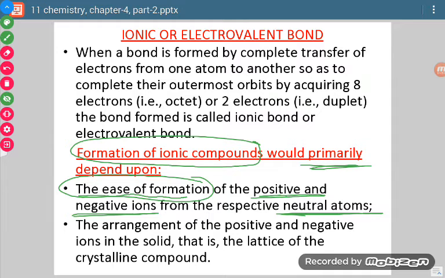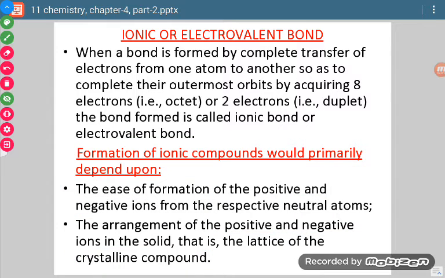And once they are formed, then how they will be arranged in the form of crystal lattice. So these three things are to be taken care of: first, formation of positive ion, second, formation of negative ion, and then their crystal lattice.